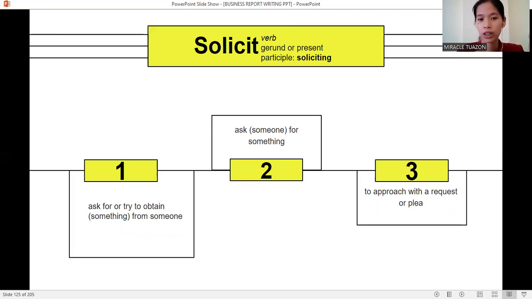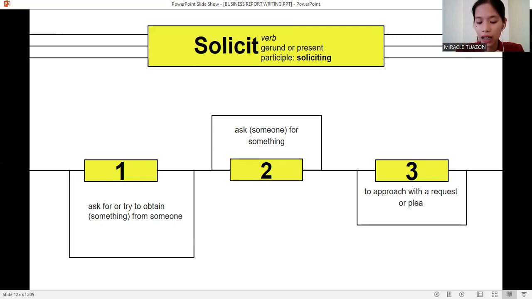It is also a gerund, or the present participle is soliciting. So what does it mean? It means that you are asking or trying to obtain something from someone. You are asking for something, and you are approaching somebody with a request or a plea.